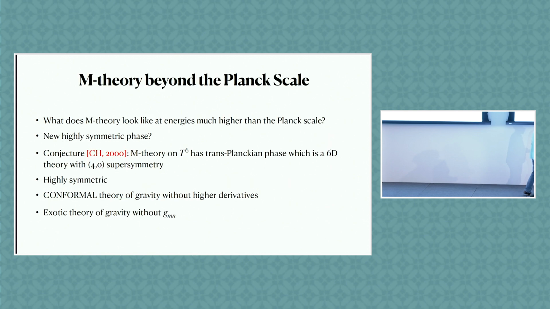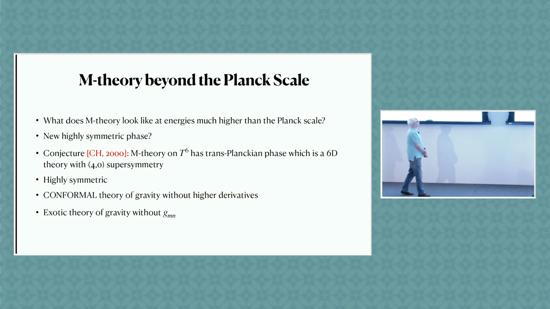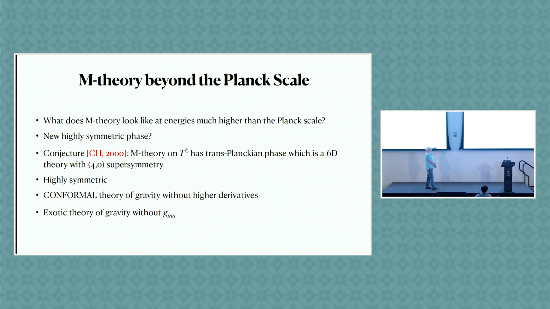to what is the nature of M theory and what it tells us about gravity. So it's related to the question about what M theory looks like at energies much higher than the Planck scale.